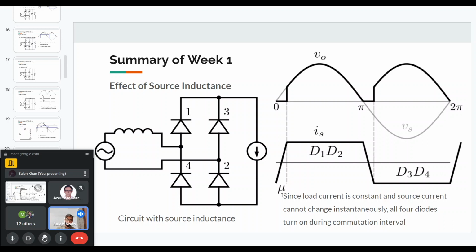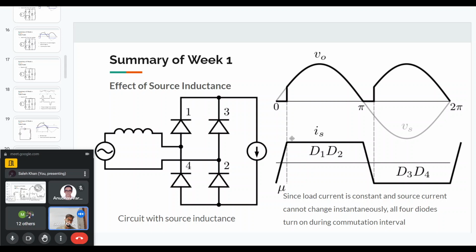during this commutation interval, all the four diodes will be on. So they will all be carrying some portion of this load current. And because all the four diodes are on, the voltage at the output will basically be shorted. As you can see, if diodes 2 and 3 are on, then the output voltage is shorted. And if diodes 1 and 4 are on, then the output voltage is shorted.